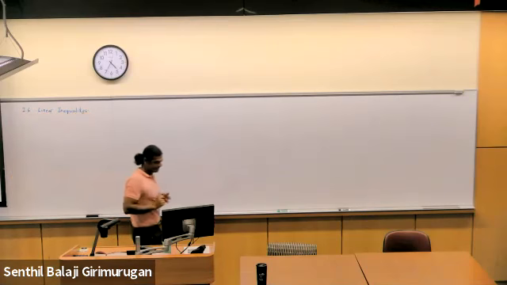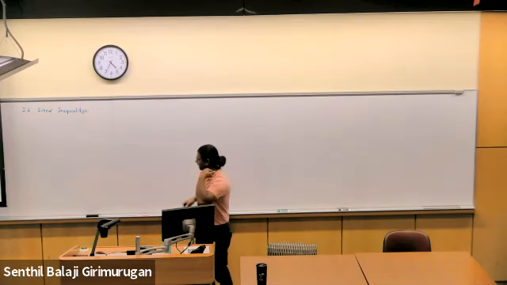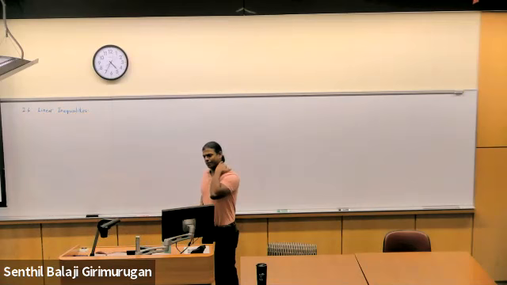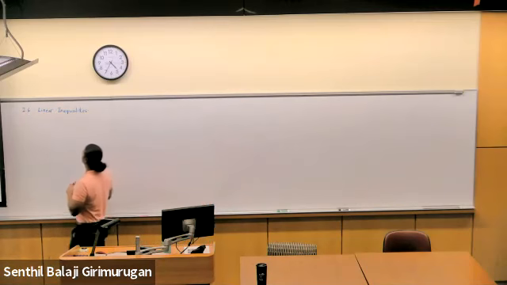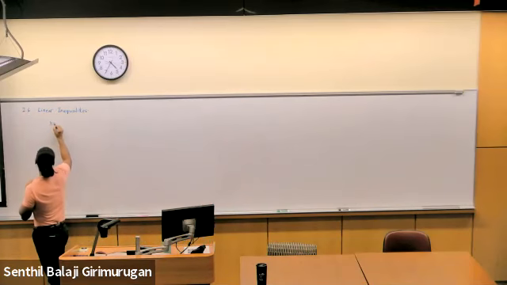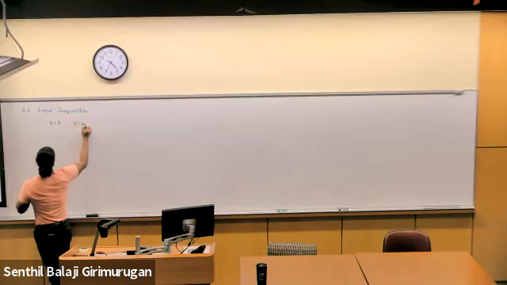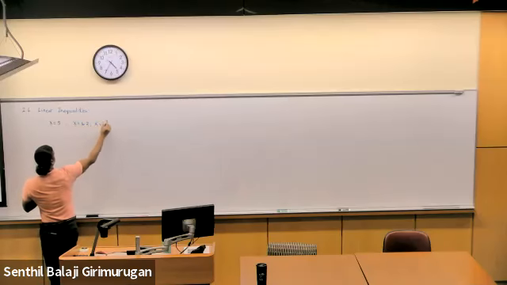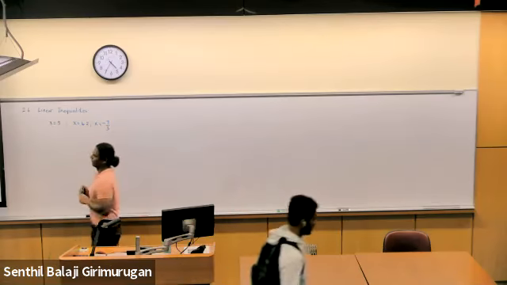So linear inequalities. Well, I want to know what an inequality is, but first I want to know what an equality would be. So we all know x is equal to 5, x is equal to 4.2, x is equal to -7/3.